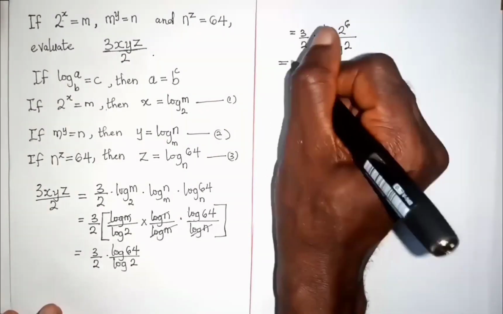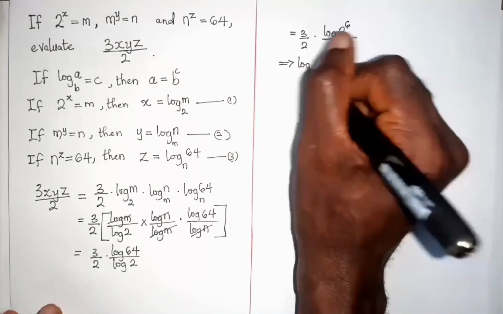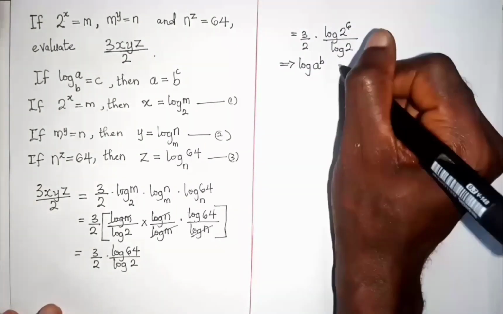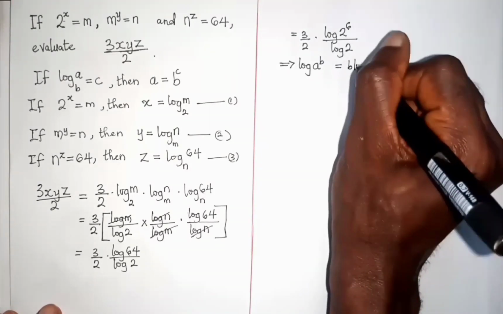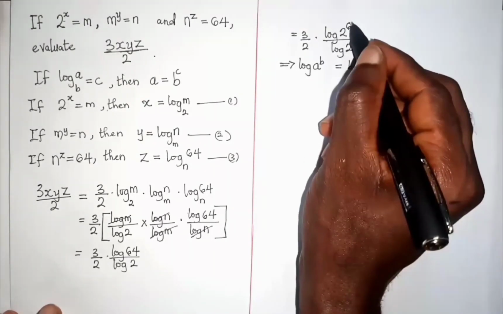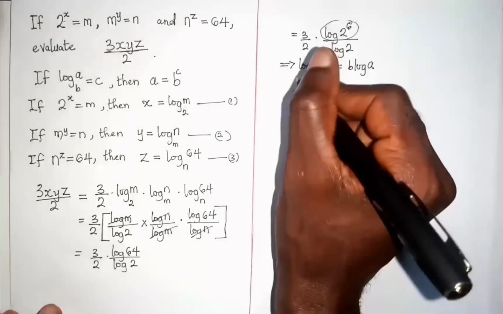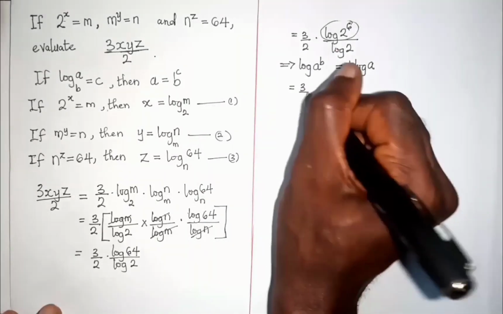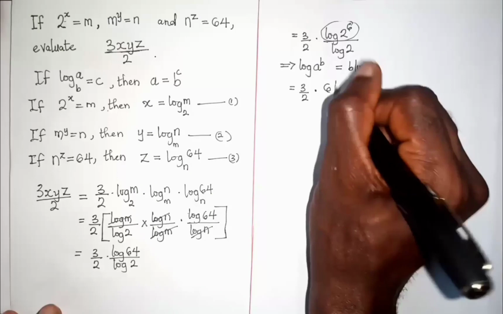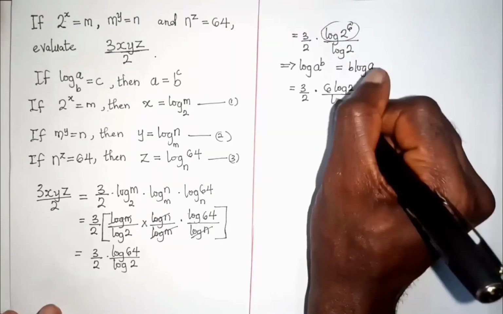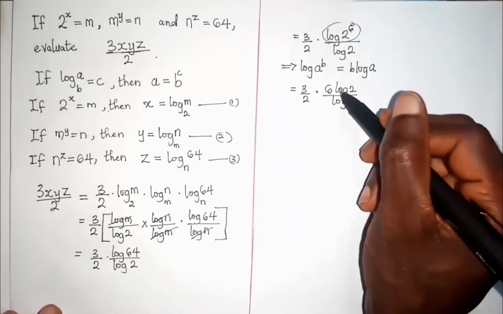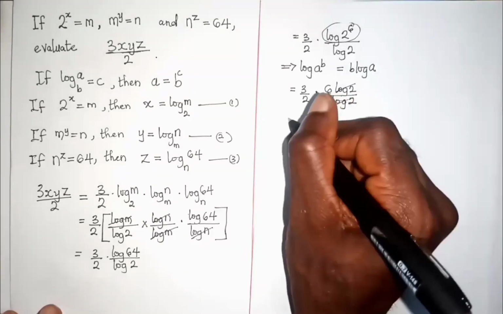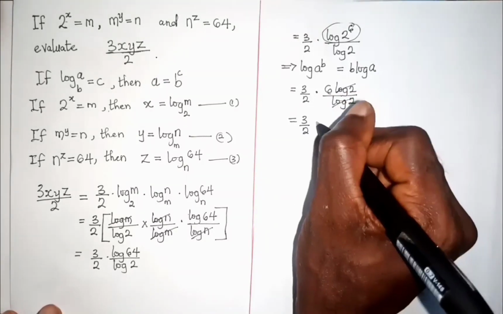From here, we recall that when we have log a to the power of b, it is written as b log a. So we apply that, and our expression becomes 3 over 2 times 6 log 2 over log 2. Here log 2 cancels out log 2, and we'll be left with 3 over 2 times 6.